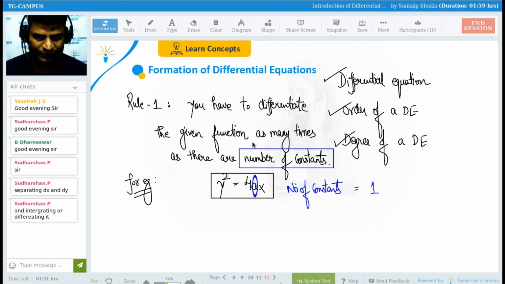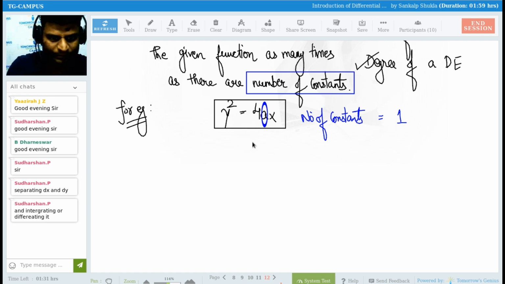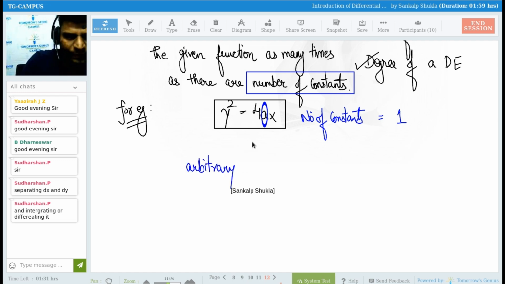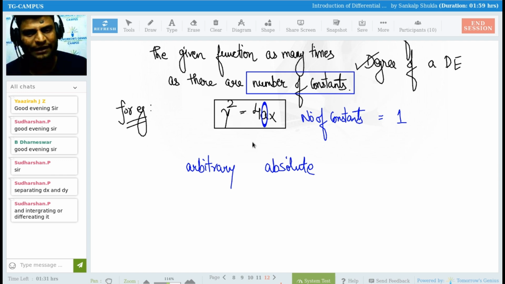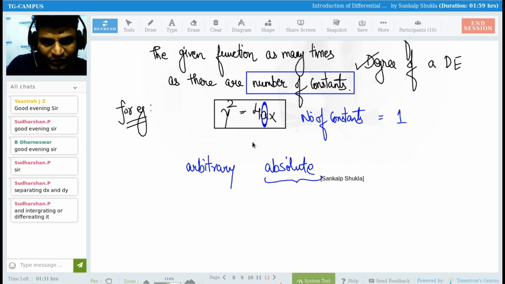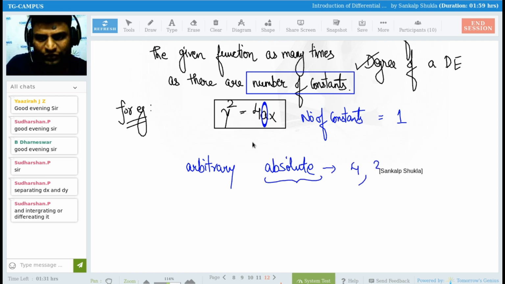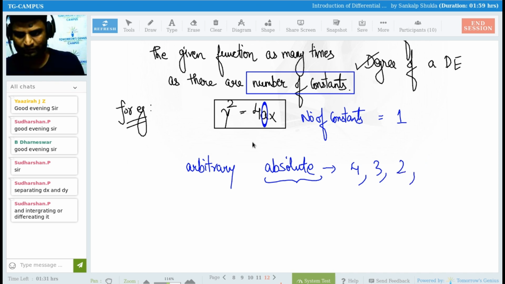Okay. 4 is not a constant because, okay, I'll see. There are 2 types of constants. Okay. Please pay attention. Arbitrary, absolute. There are 2 types of constants in maths that we will be dealing with in this chapter. Arbitrary constant and absolute constant. So absolute constants are numbers. For example, 4, 3, 2, 7 and so on.